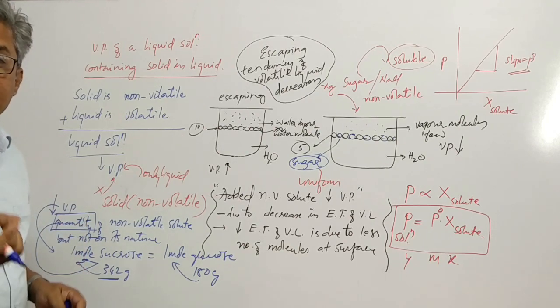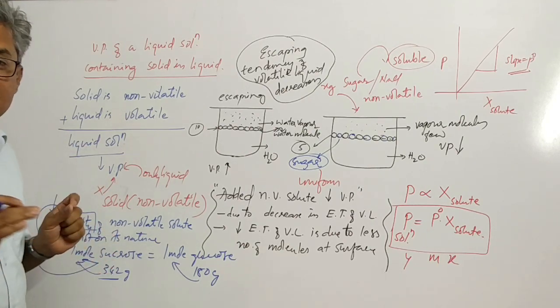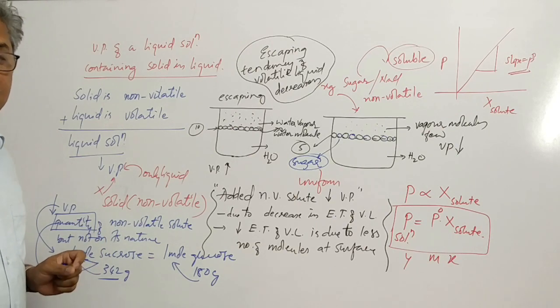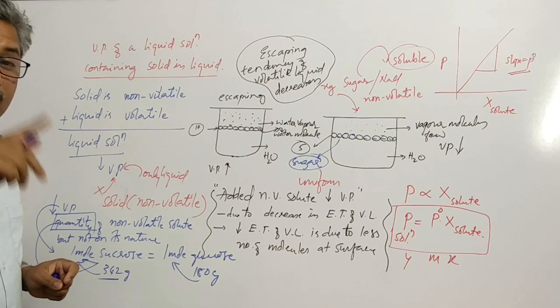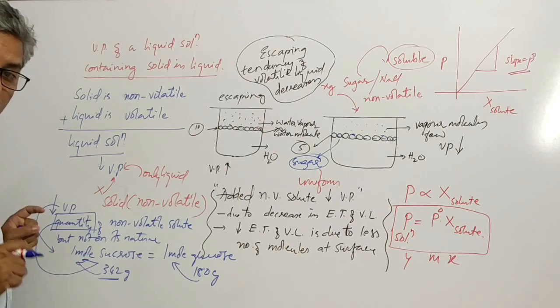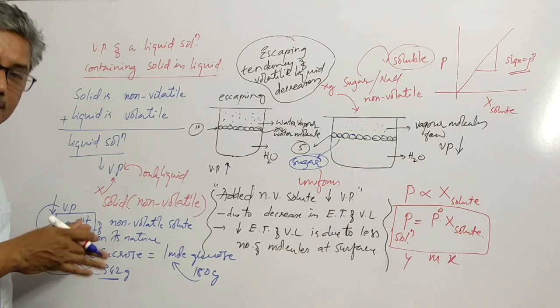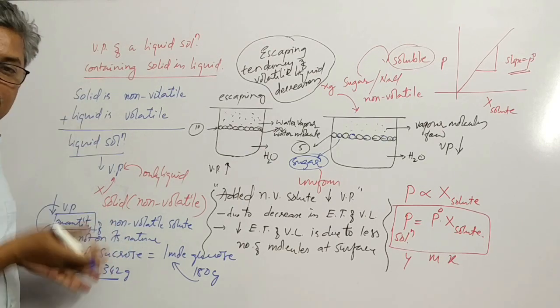Which property of the solute accounts for the decrease in vapor pressure? It is only the quantity of the non-volatile solute, expressed in terms of mole. Is it clear, students? You can think about this. We shall see this in another article of the topic.